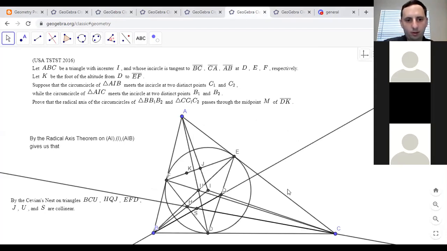We don't need the point U. We will prove FJ and the midpoint of KD are collinear. We don't need point U. We can prove that FJ and the midpoint of DK are collinear. Okay.